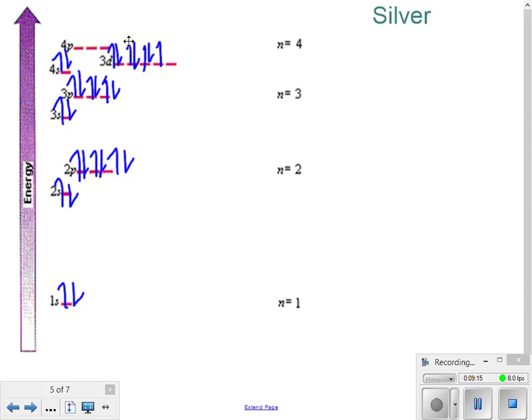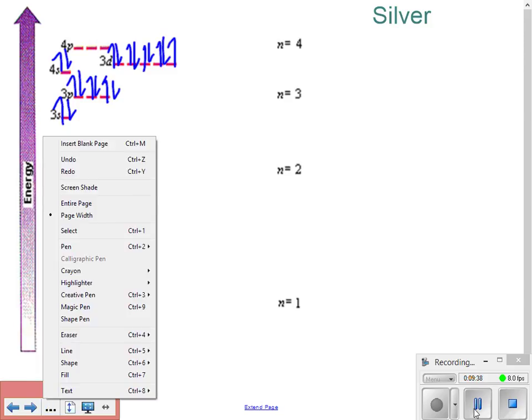Okay, so if we look at this 3d orbital right here, which I forgot a few electrons, excuse me, it is almost full. And remember, this 4s and 3d, they're so close in energies, and because we've started populating the 3d orbitals, it actually gets even closer and fluctuates a little bit.